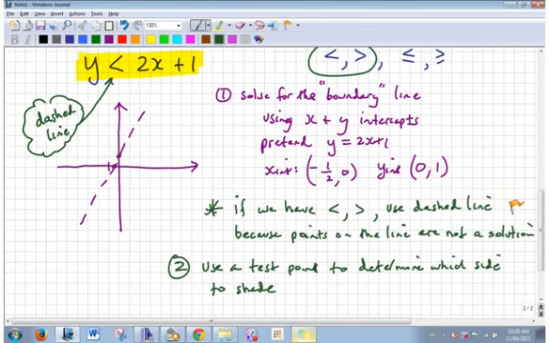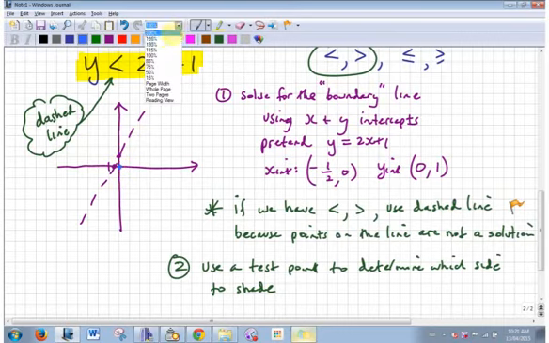What's the nicest point I could possibly use, do you think? Yeah, 0, 0 is nice, right? We like zeros because anything times 0 is just 0. So this one's kind of hard to see, but if I want to use 0, 0, what's a nice color that'll stand out? Blue. Do you see clearly what side of the dashed line that is?